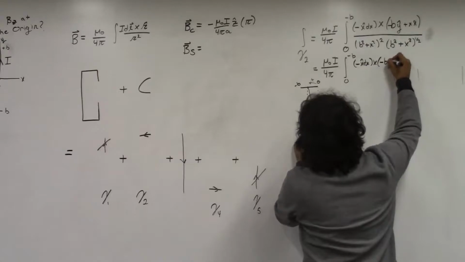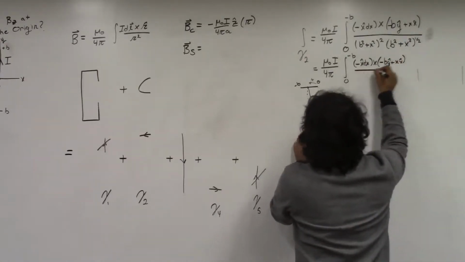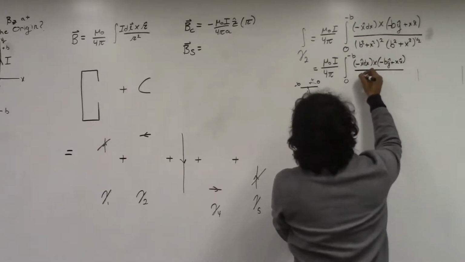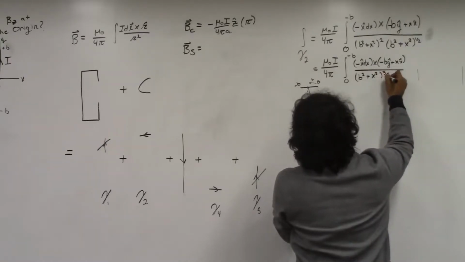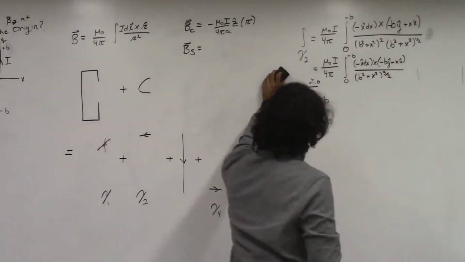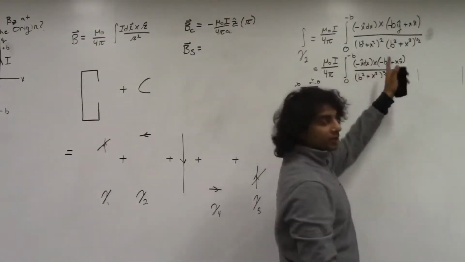minus b y hat plus x hat divided by b squared plus x squared to the 3/2 power. Now another thing we should notice is that the cross product is distributive.